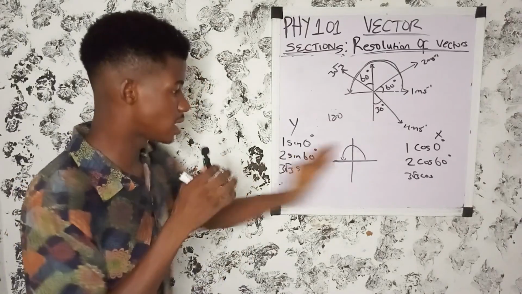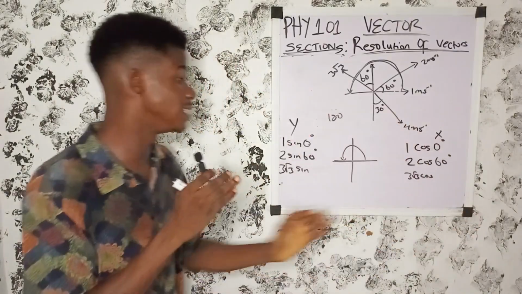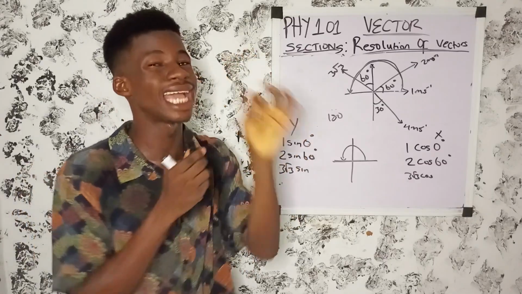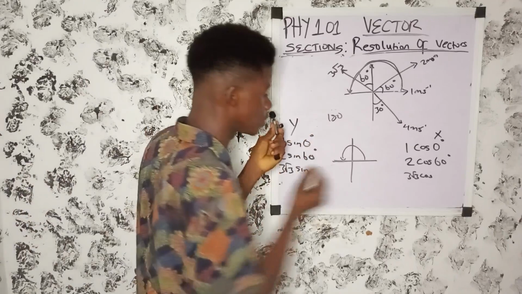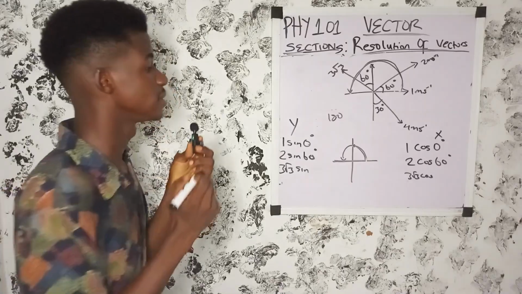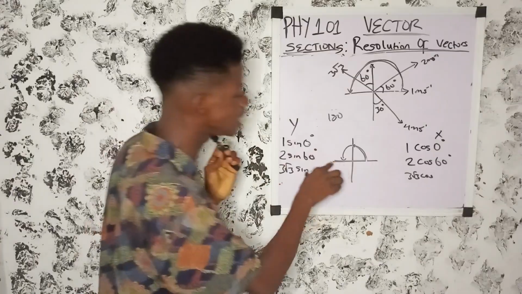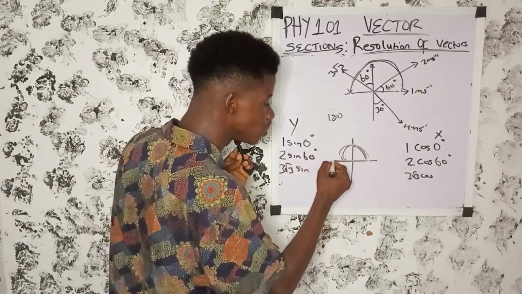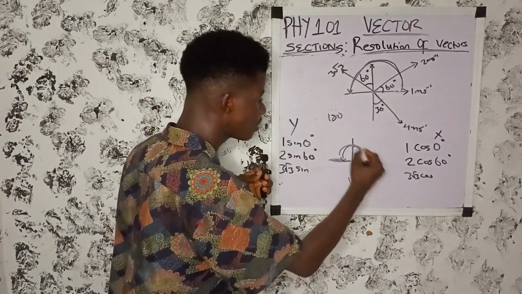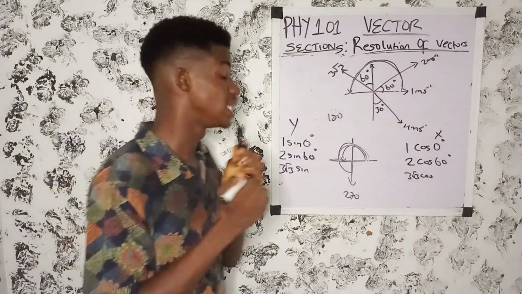If you can recall, east is positive, the angle is 360 or 0 degree, while north is positive as well, and the angle is 90, because from here to here is 90. That tells you north is always 90. Then west is negative, and west is 180 degree. Then what about south? From here to here is 270 degree. So south is always 270 degree and is negative.